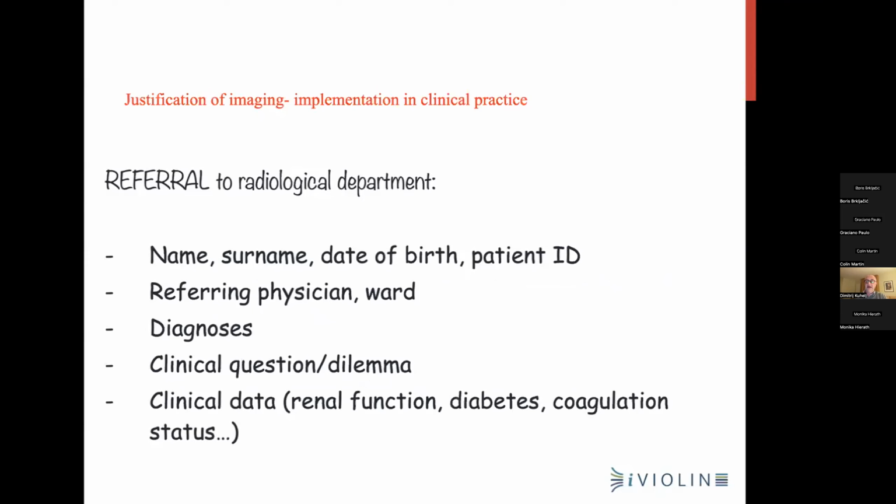There should be a diagnosis, but even more important than that, clinical questions or clinical dilemmas, which should be answered by the imaging. And of course, we need additional clinical data about renal function, about diabetes, about coagulation status, if the patient is sent for an interventional procedure.